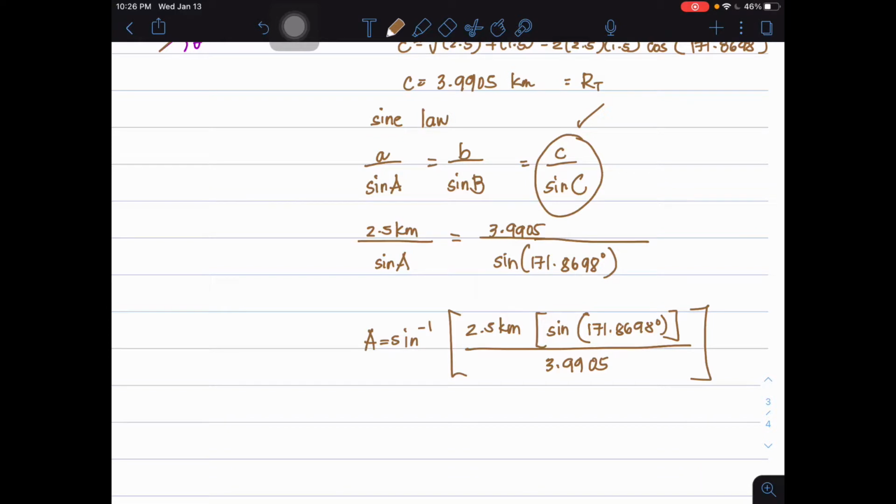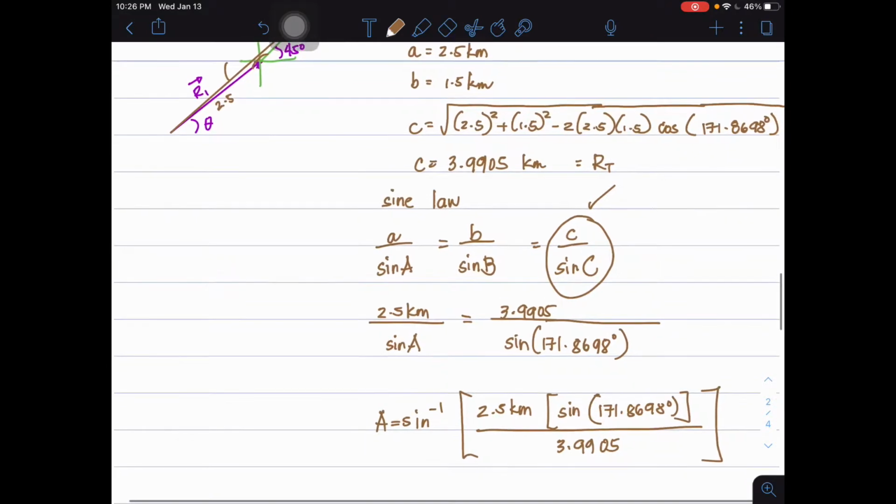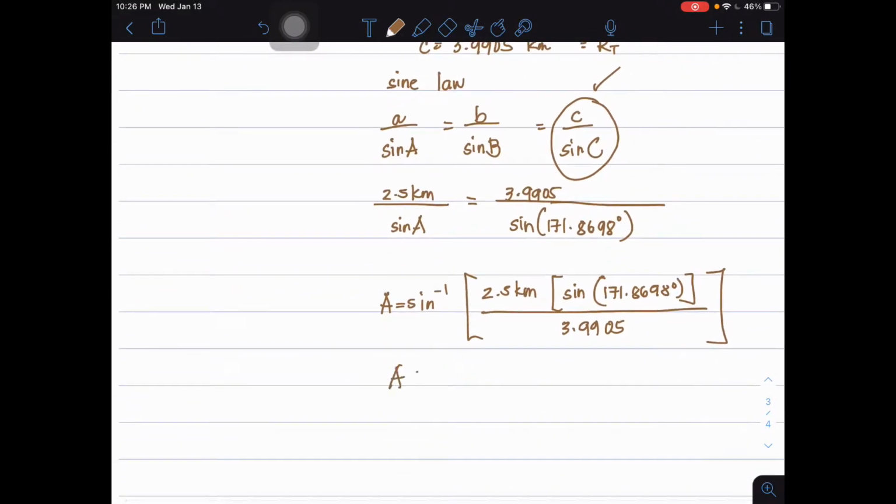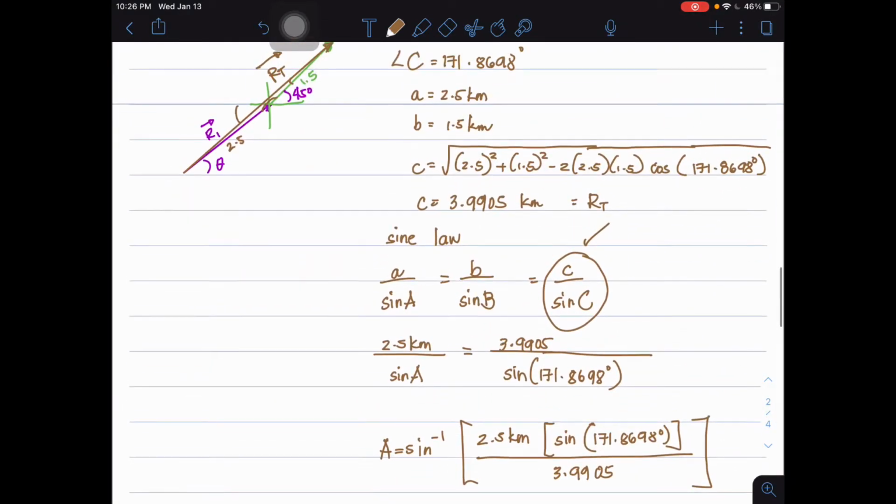Okay, so 2.5 sine, divided by, so arc sine, so angle A is 5.0829 degrees. Okay, so that's angle A.